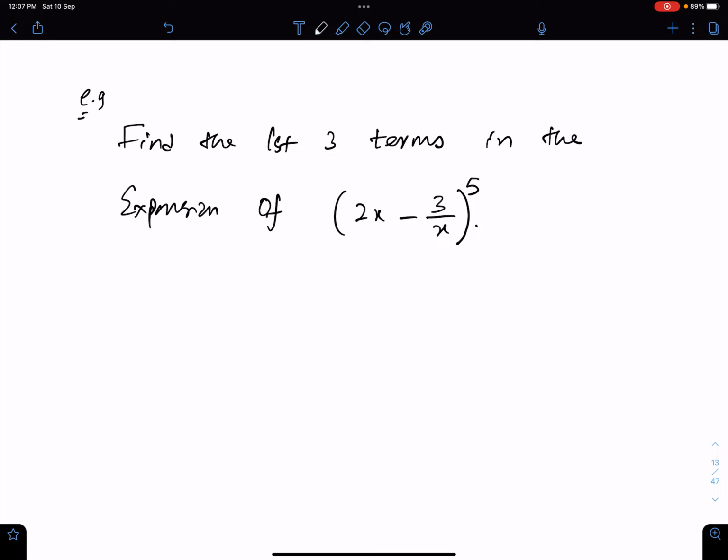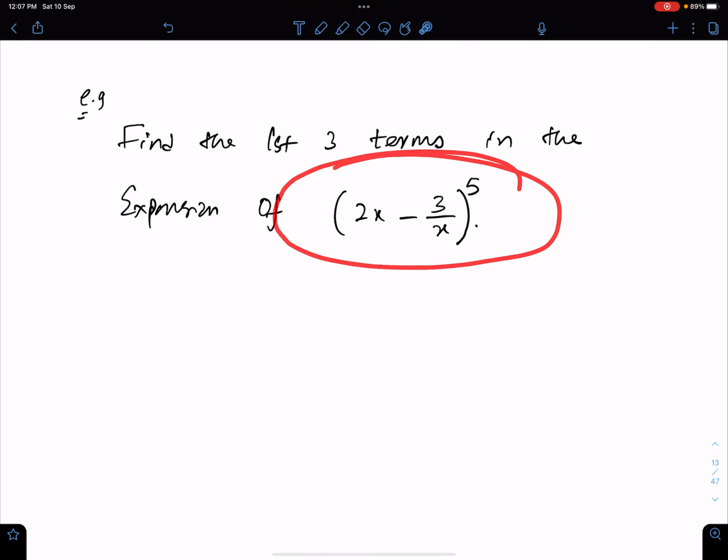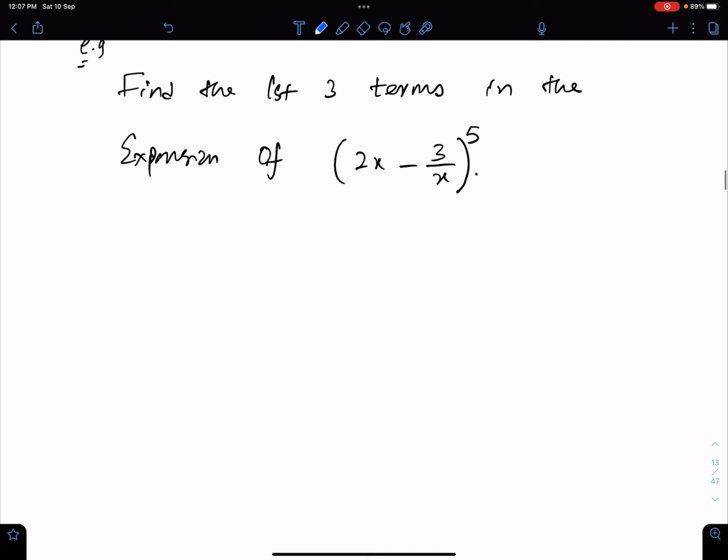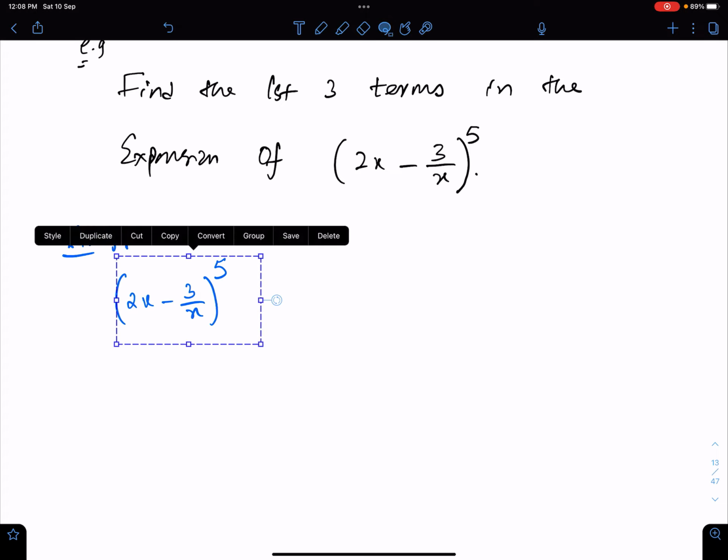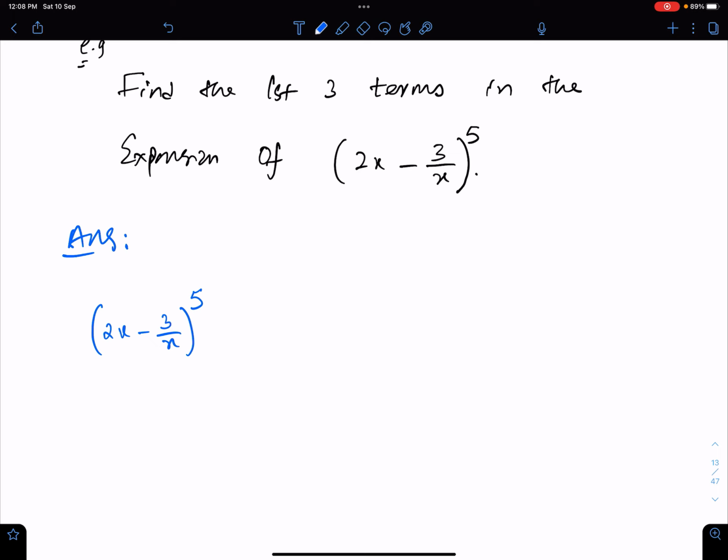Another example. Find the first three terms in this expansion. So we will use the second result. So we have to copy the first term here, 2x to the power this number 5.